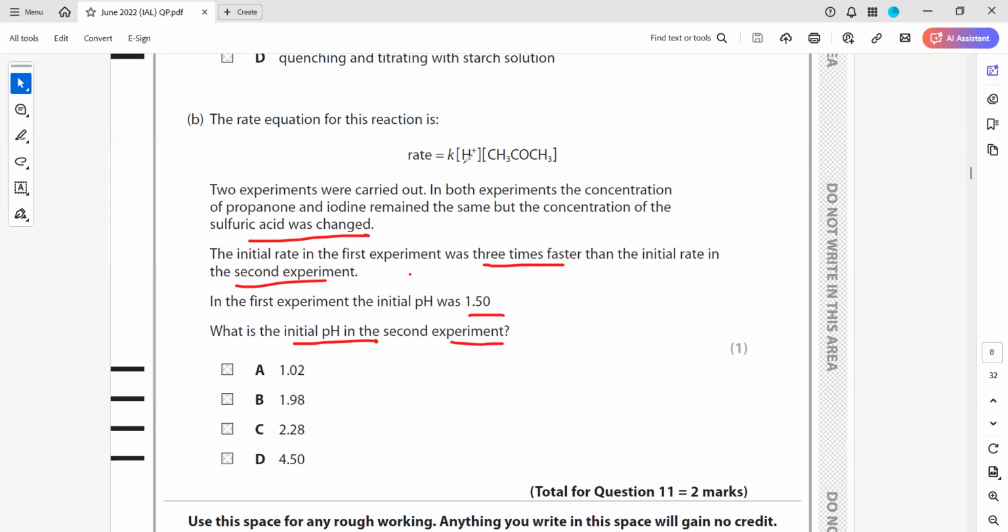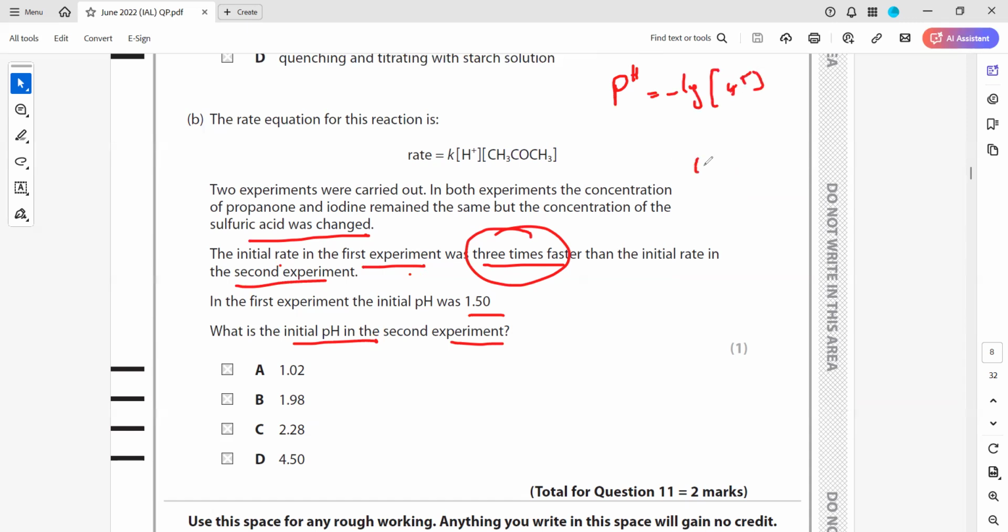Look, if the initial rate is faster, what will happen to the hydrogen ion concentration? Because the initial rate in the first experiment was 3 times faster than in the second experiment, in the second experiment the concentration of hydrogen ions decreases by a factor of 3. We have the formula pH equals minus log of hydrogen ion concentration.